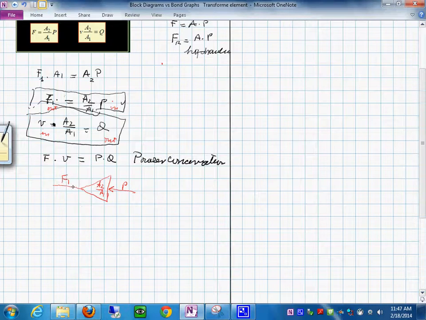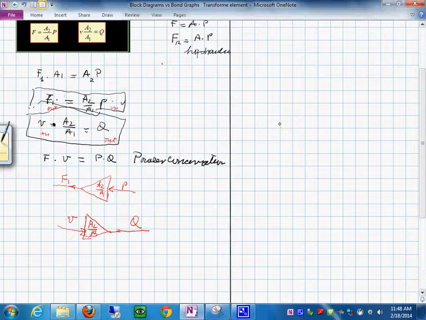The way that one is written is that the output is Q on this side, the input is the other one, and you have A2 over A1 and in here you have V. So this is the representation of these two equations.